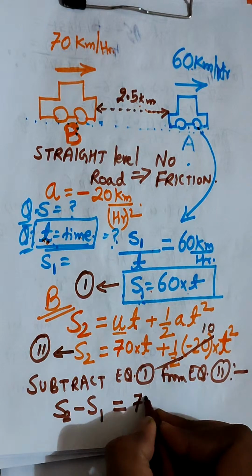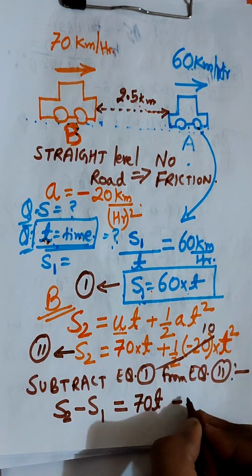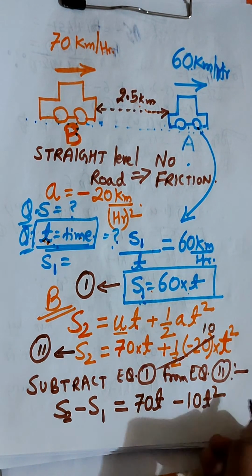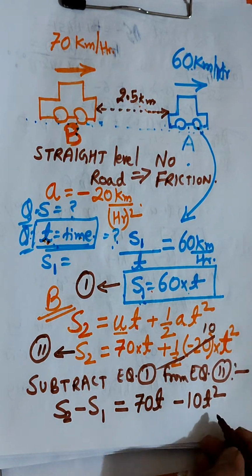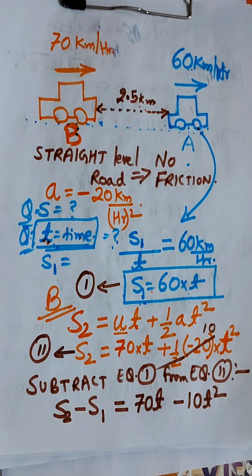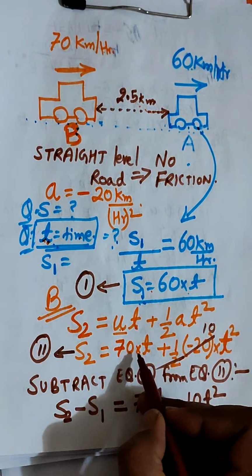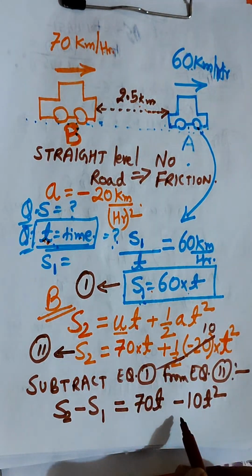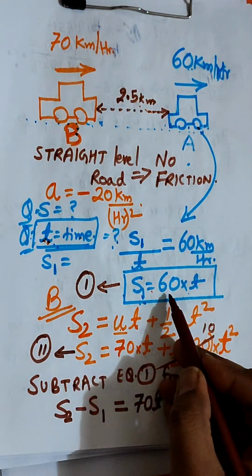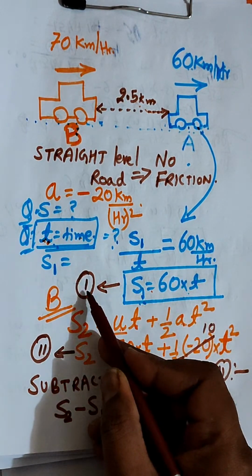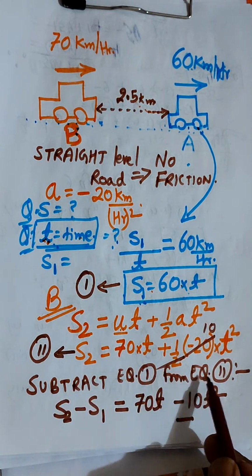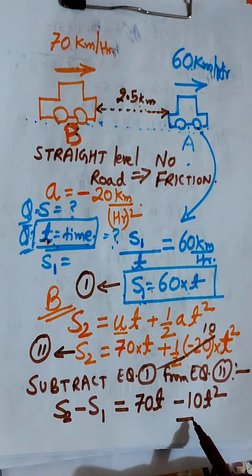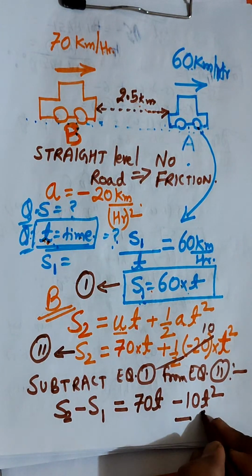So this will be 70t minus 10t square, and nothing else, only two terms over here. And this will be subtracted with 60t, the RHS of equation 1. You can see, subtract equation 1 from equation 2, so this will be subtracted with 60t.